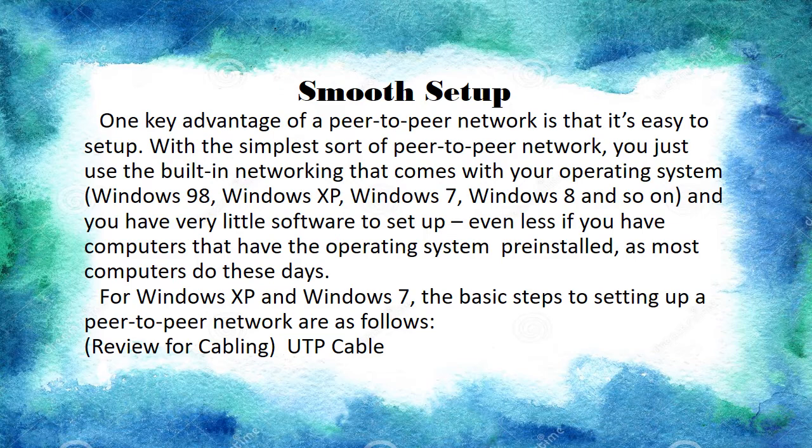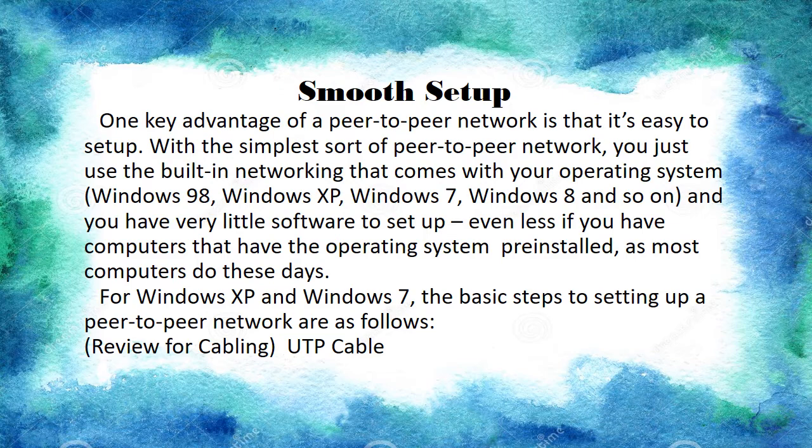And you have very little software to set up, even less if you have computers that have the operating system pre-installed, as most computers do these days. For Windows XP and Windows 7, the basic steps to setting up a peer-to-peer network are as follows.